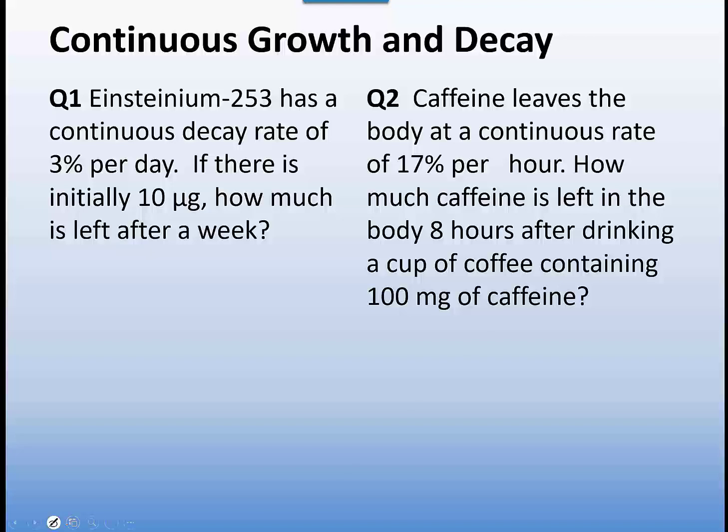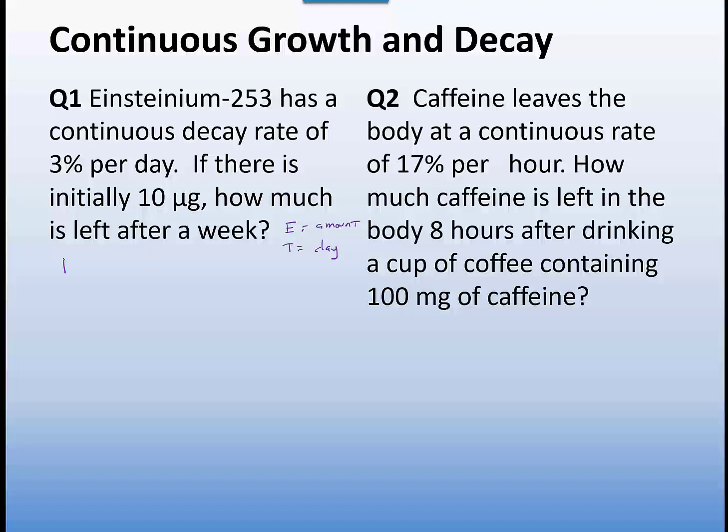But because it is continuous decay, I'm going to use the same variables that we did before, E and t. This is t for days, and this is the amount of Einsteinium.